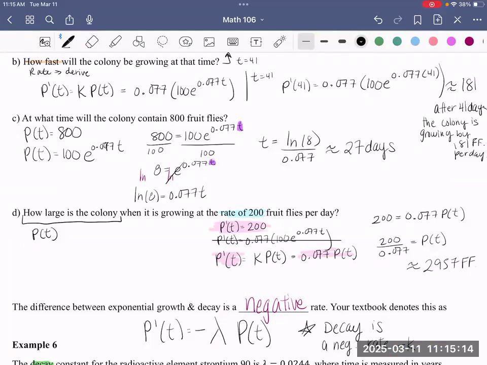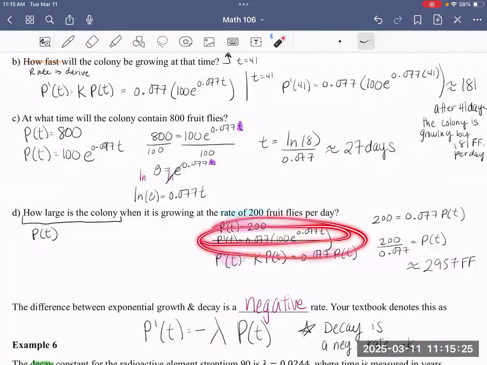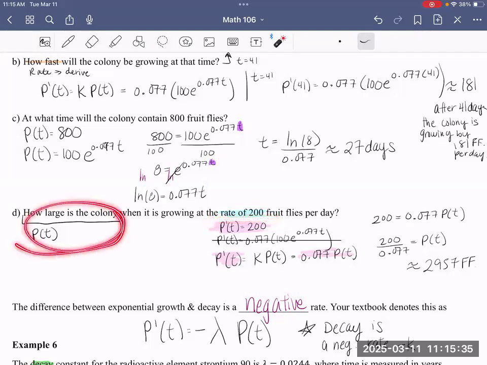So if your rate is growing, and notice that we don't care about the time frame so much, we can try and work backwards, which I'll show you what I'm talking about here in a second. But if we have a rate of your growth at 200 and we want to know the population, we can go ahead and do a quick division between your values here.